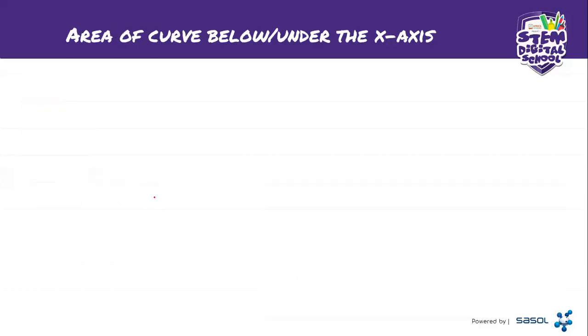Then area of a curve below the x-axis. Remember the previous examples that we did together? It was area above the x-axis, right? Now let us see if the area that we are calculating is below or under the x-axis.